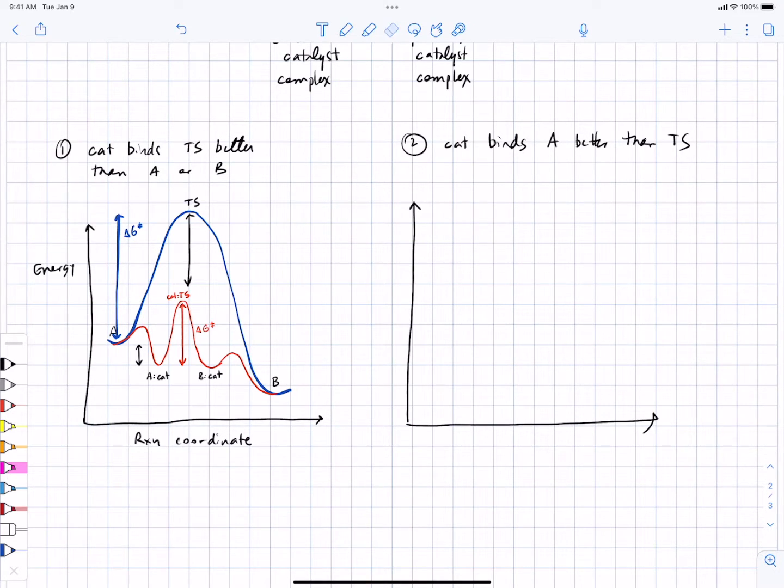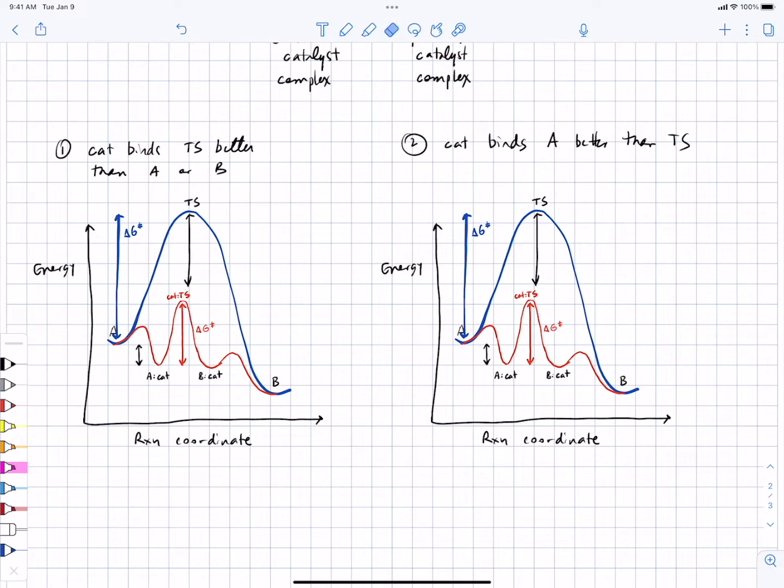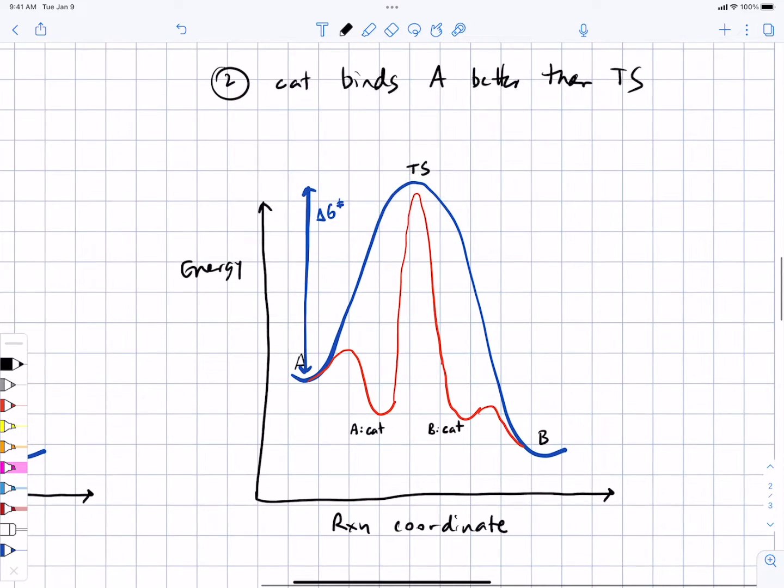So same situation. Oops, I'll just copy, slide, and paste. Let's see, there we go. All right, so this time, let's suppose that we bind the starting material more tightly than we bind the transition state.